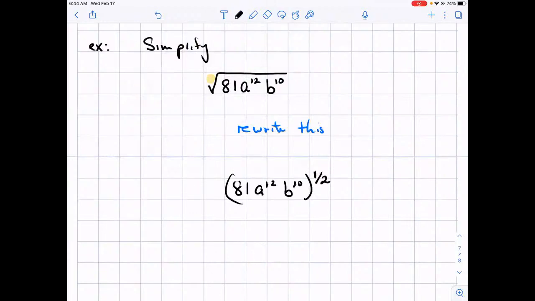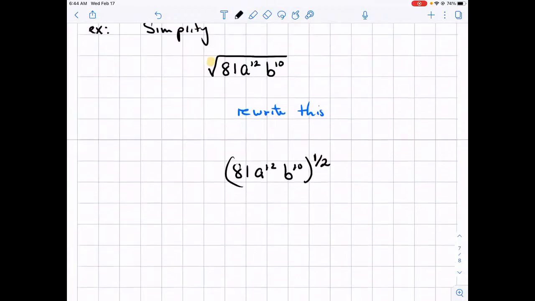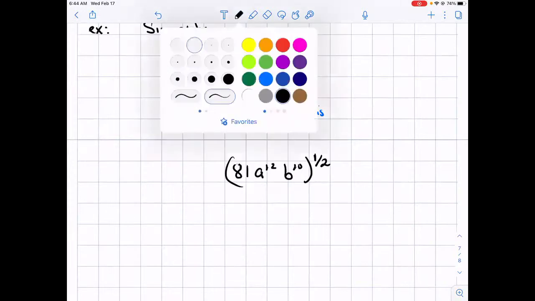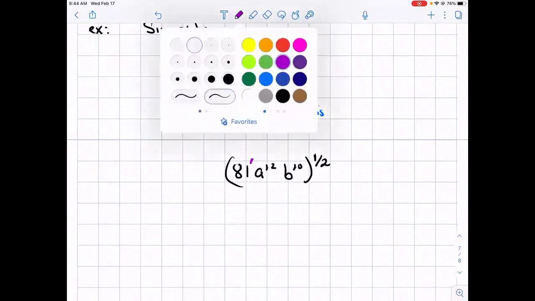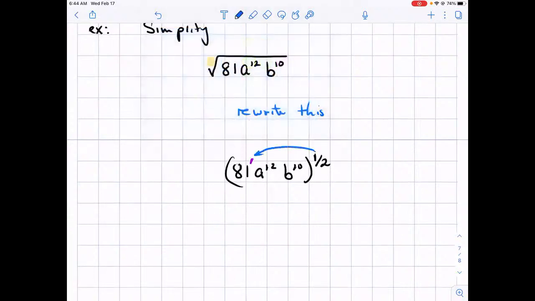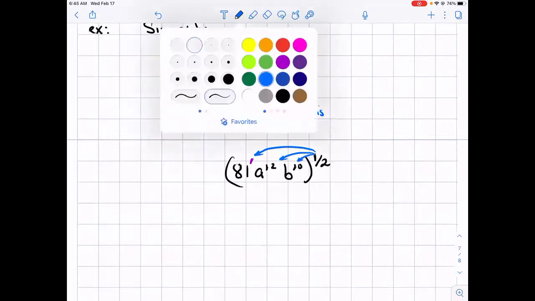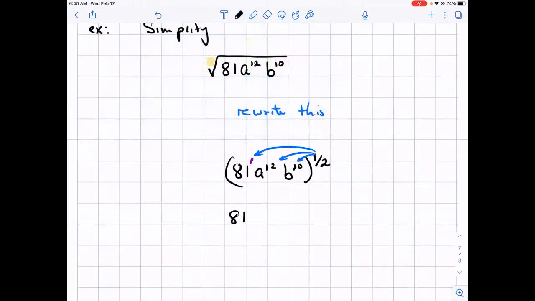Now, be very careful, because when you don't see a power, it is understood that that power is 1. If you distribute now 1/2 times 1, 1/2 times 12, 1/2 times 10, we end up with 81 to the 1/2 power, a to the 12/2 power, and b to the 10/2 power.